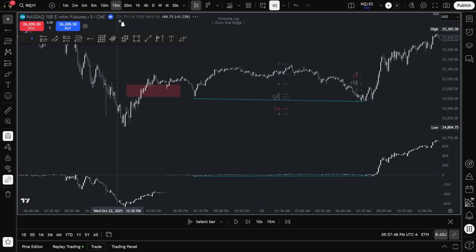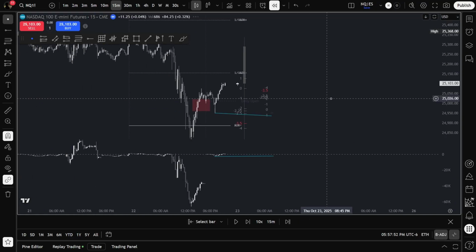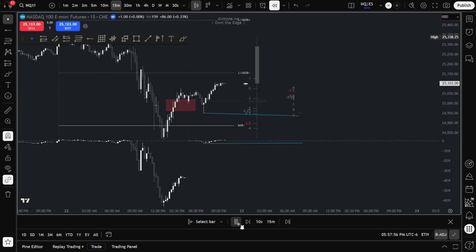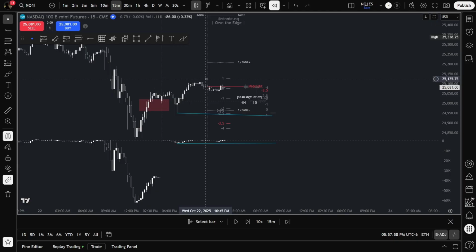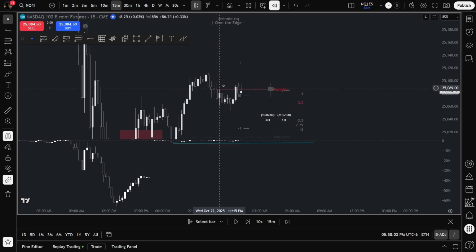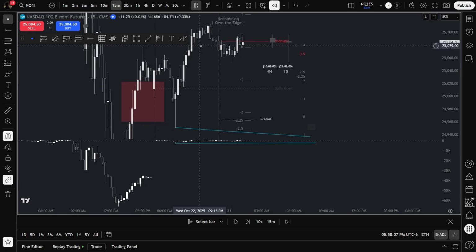Midnight deviation right here. I rewind this. I'm not going to talk through everything, but boom, here's midnight. You draw the deviation from up here, from this black to this black, or to a swing.